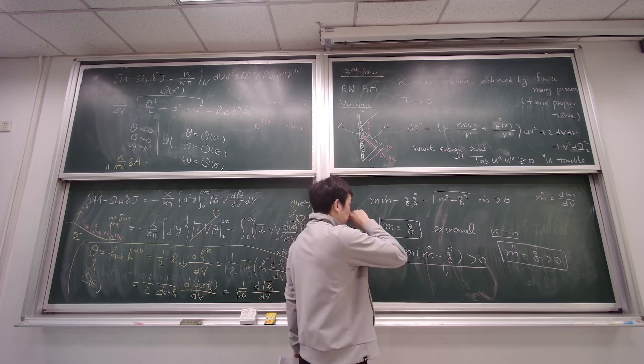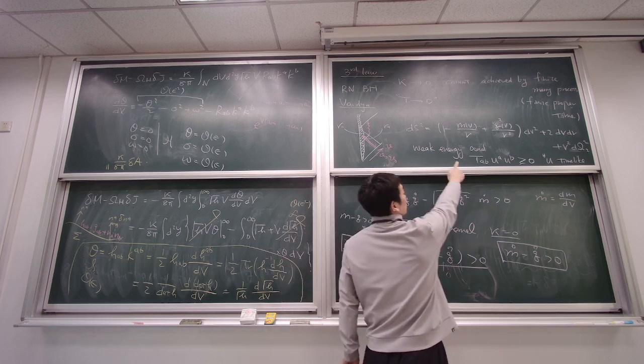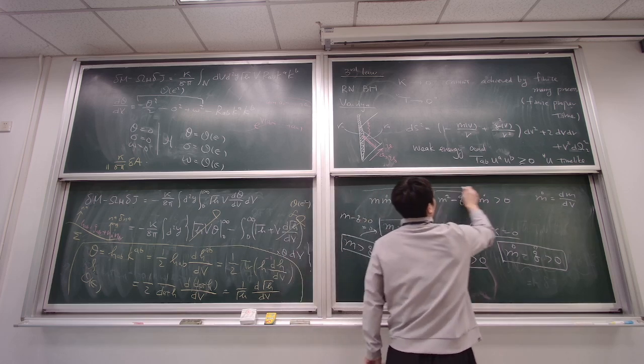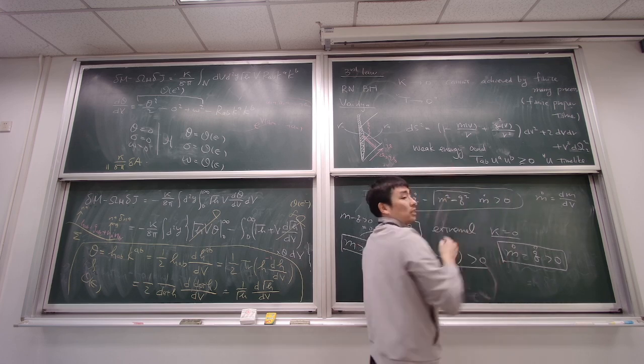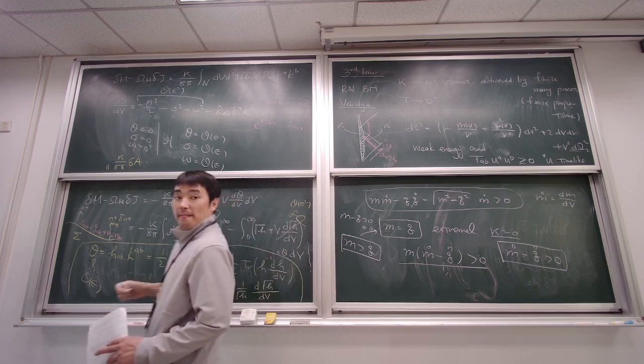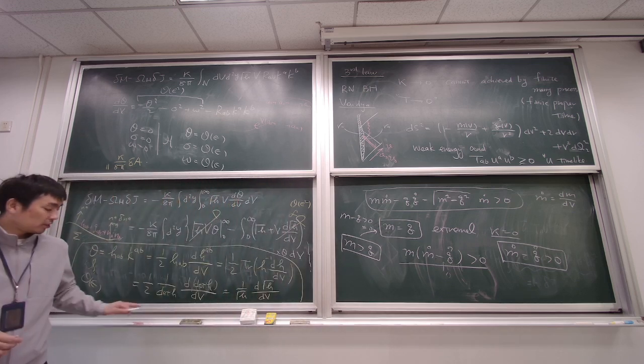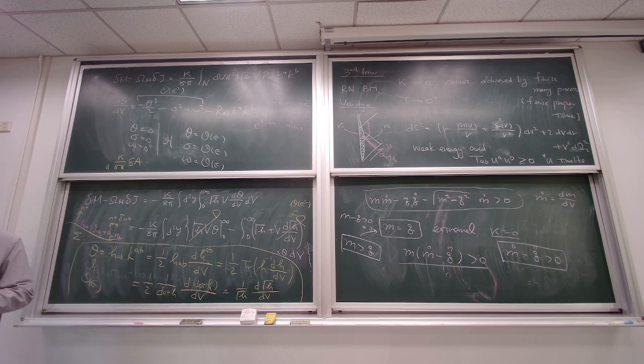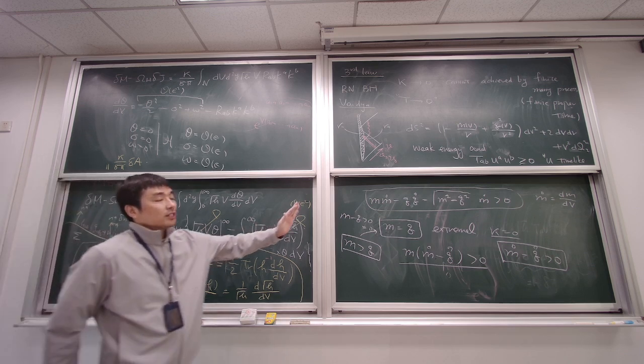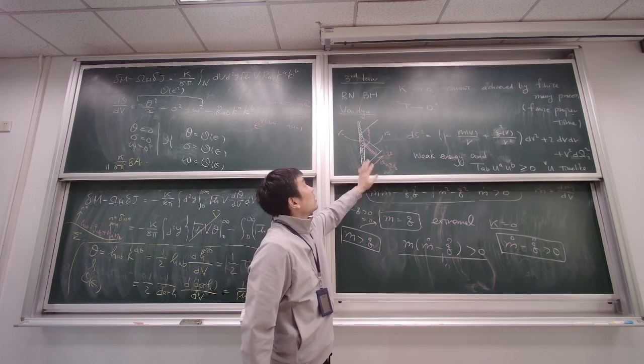Therefore this violates the weak energy condition. So to derive this inequality, one has to use this weak energy condition. So that was the argument. Therefore, you cannot just throw away this. So this is one example of this third law.